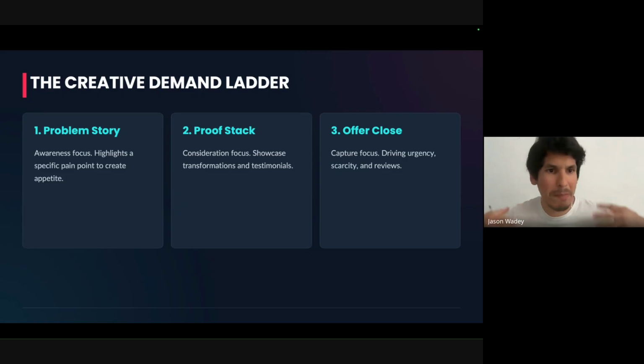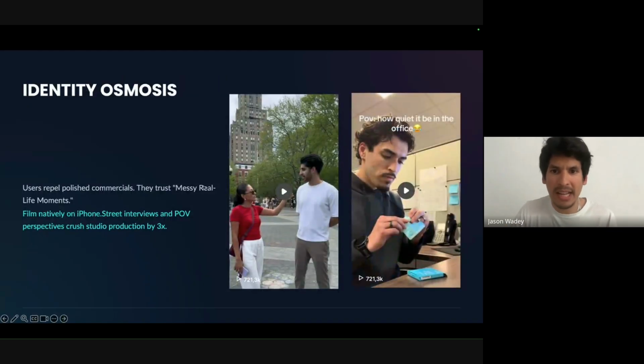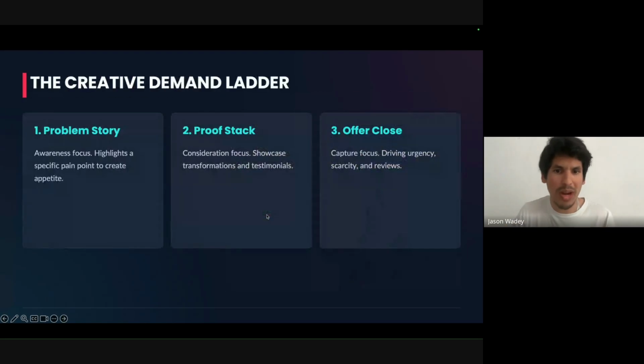For instance, you've got a certain back pain, and you make some content with regards to that, and then later plug in your product, or do more middle of funnel stuff like transformations, authentic testimonial content, maybe street interviews, whatever, where it doesn't come across as just a massive sales pitch from the start. Obviously, you can do bottom of funnel sales pitches from the very beginning, but you're probably limiting yourself quite a lot doing it this way.